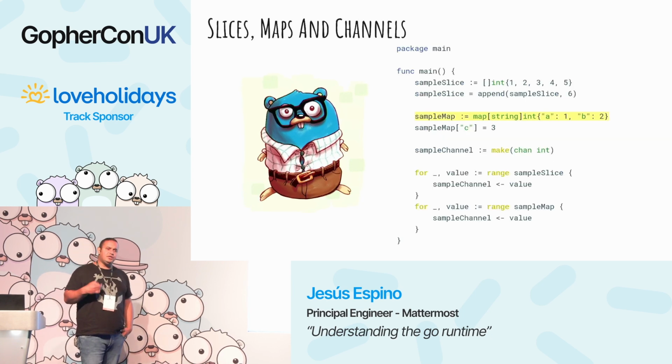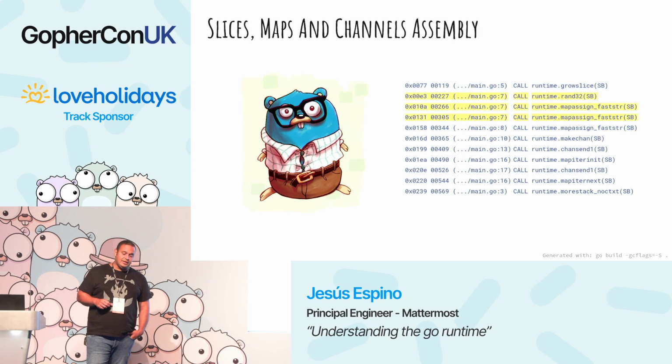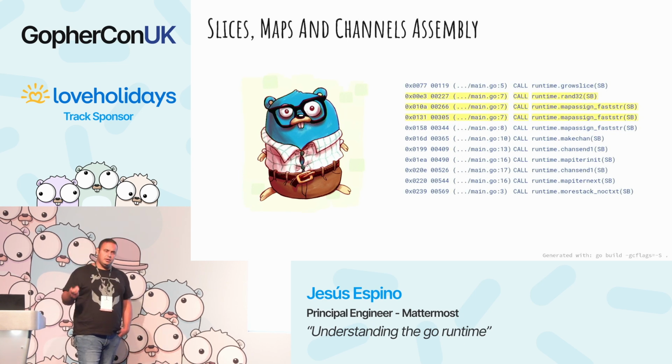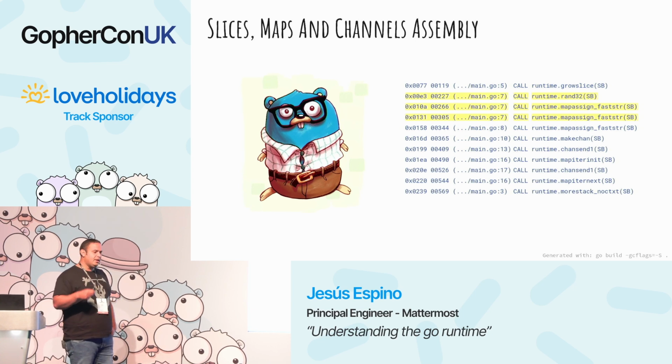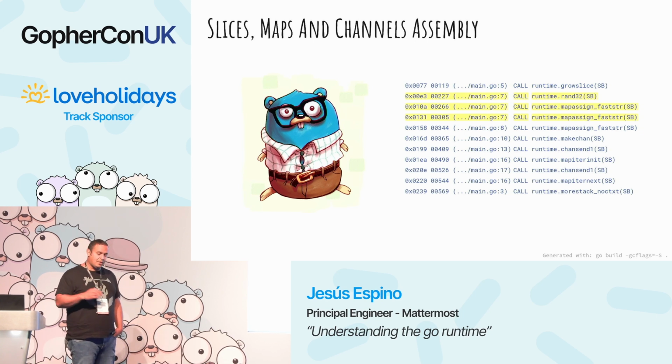This one is generating a new map. This new map has two string keys. So the first thing it's going to do is call this rand32. That is needed for initializing the key for the map that is going to be used to generate the hashes.